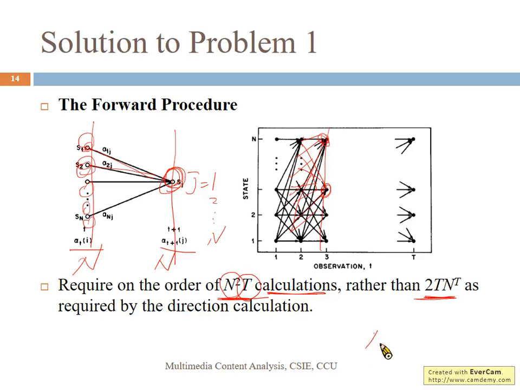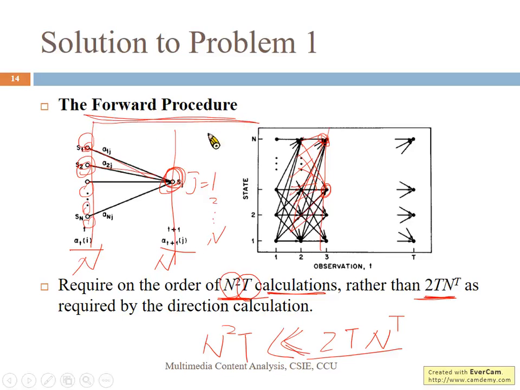In the original approach, we have n to the power T state sequences, and for each state sequence, we need 2T operations, and this value is much larger than n squared T. So the forward procedure is a much more efficient way to solve the first problem.